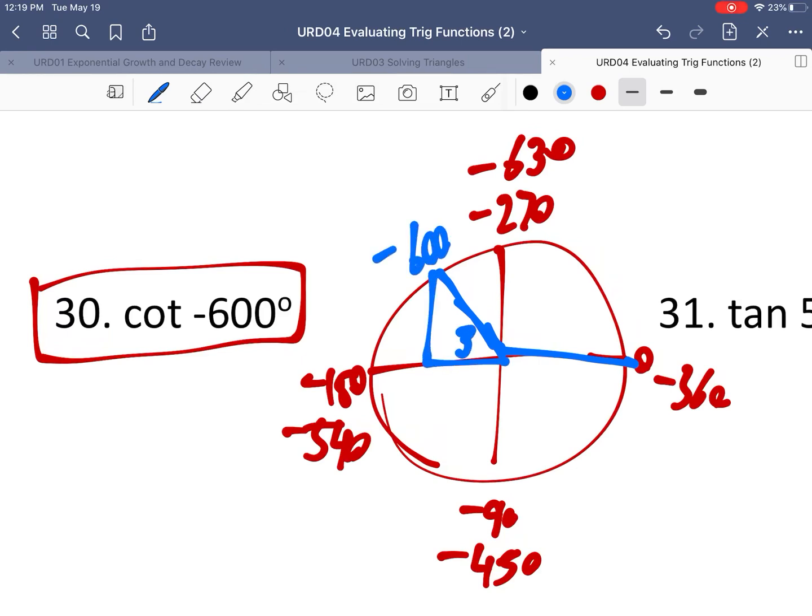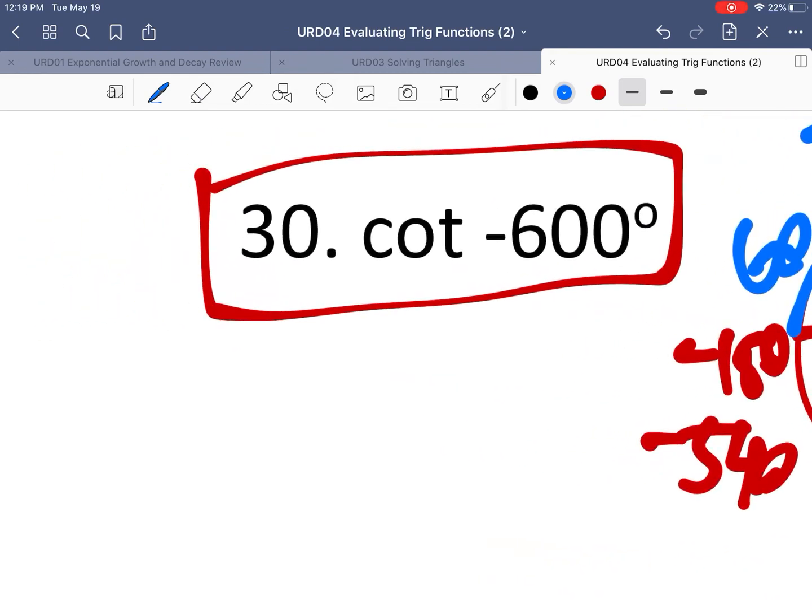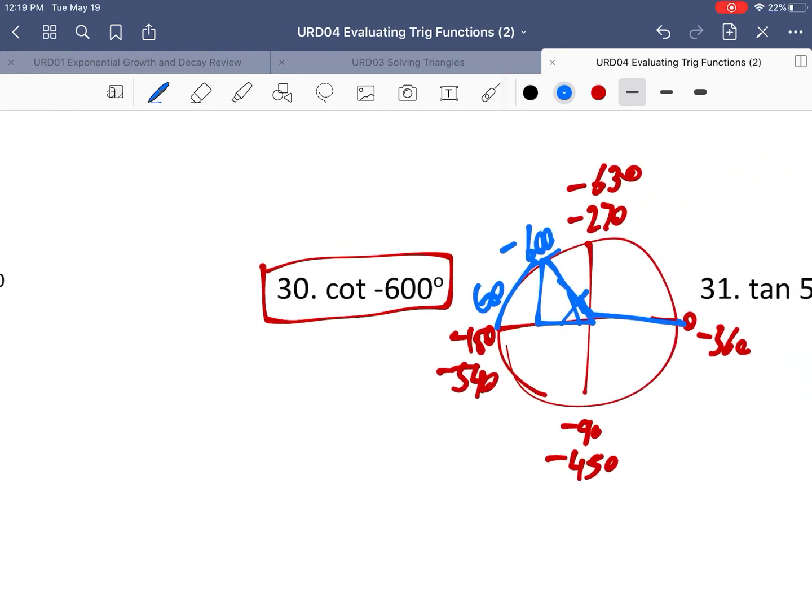So negative 600. The reference angle is down here, though. So this is our reference angle. So I'm looking for the distance between negative 540 and negative 600. So that's 60-degree difference.